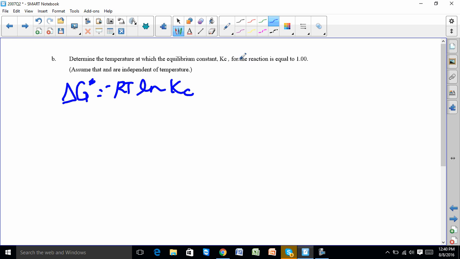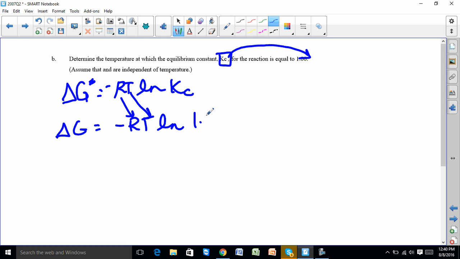Now, the reason I grabbed this equation is because they told you that Kc is equal to 1. And so on this equation, delta G is equal to RT, I'm not even going to take the time to look them up, ln of 1.